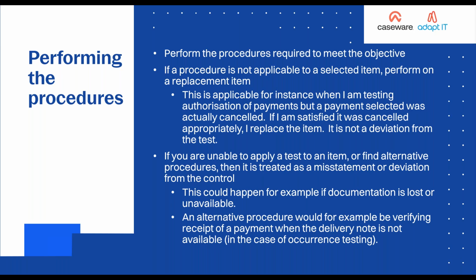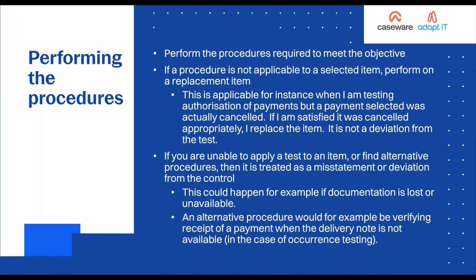Right. So please just make sure that we don't get a mix. You can't just mix and match between all the procedures and say, well, I did test 20 or 30 items, 5 of them had this type of control applied and the other 25 had the other control applied to them. No, if we're testing a control and we sample a sample of items, we're testing the same thing to be able to conclude on it.